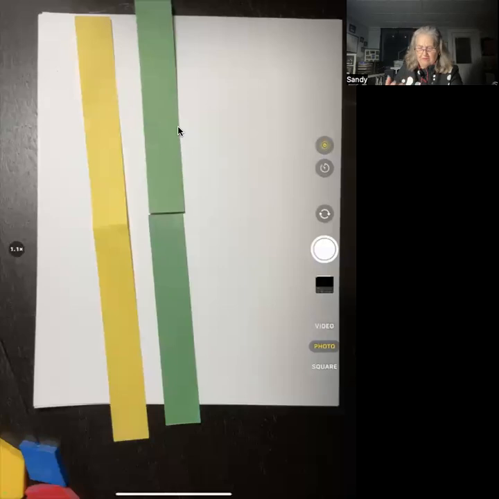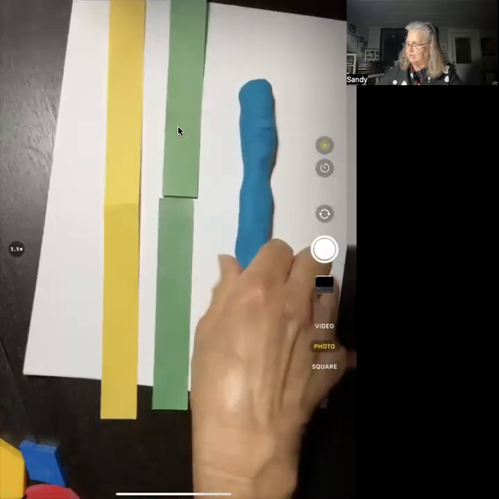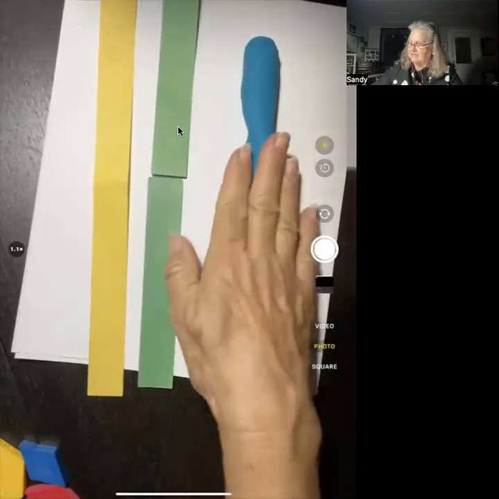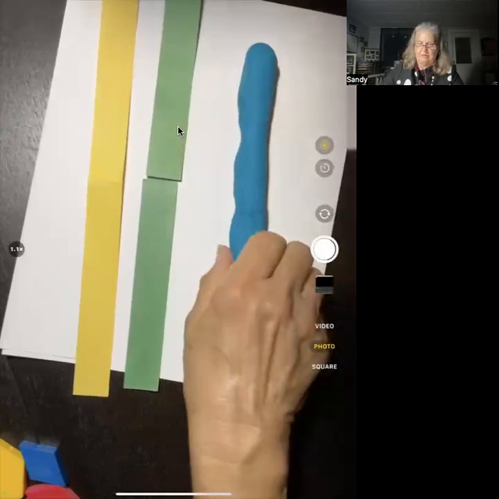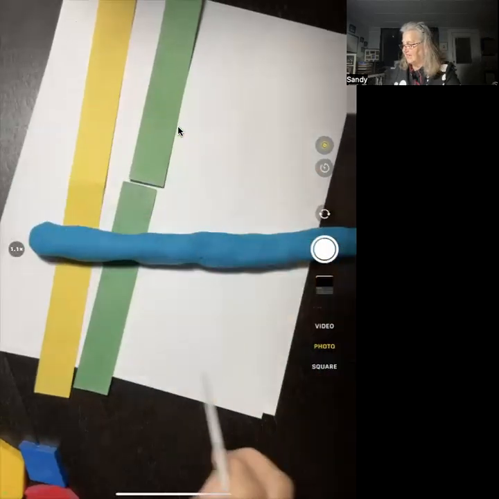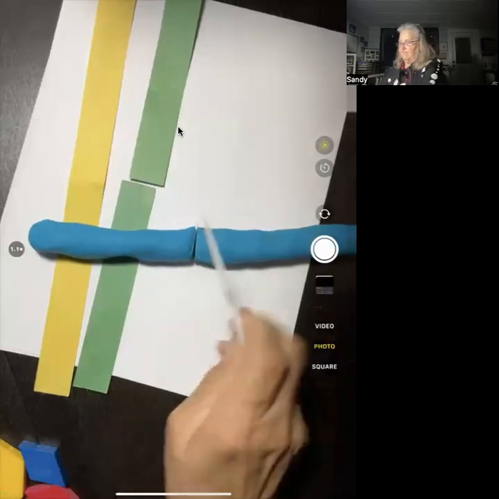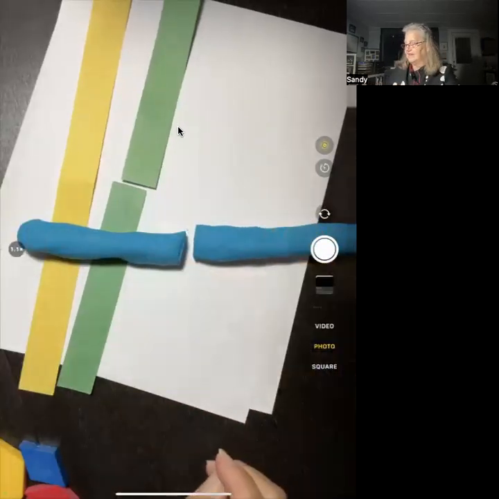And so for that reason, sometimes you may see the pre-activity is something with Play-Doh where they make essentially like a strip or a snake or a long piece with the Play-Doh, and then they have to just practice cutting it in 2 equal pieces. Okay, so they practice that.